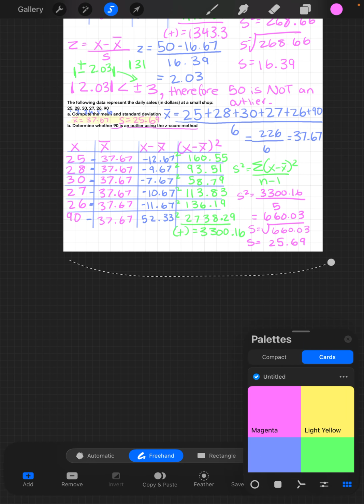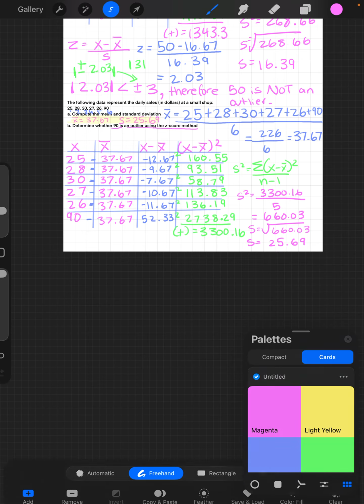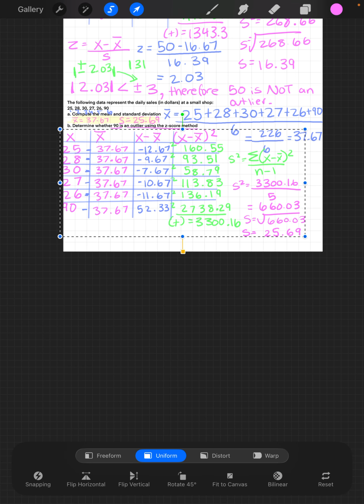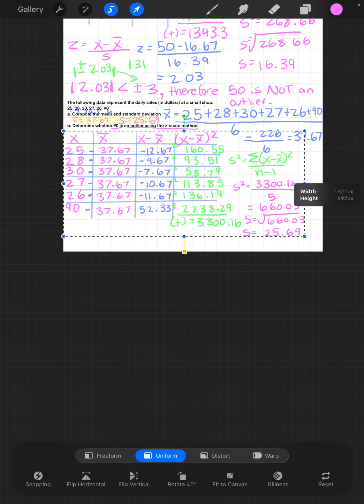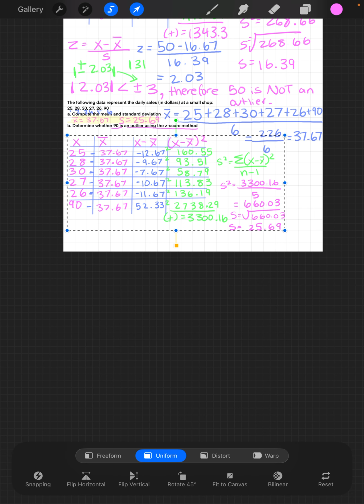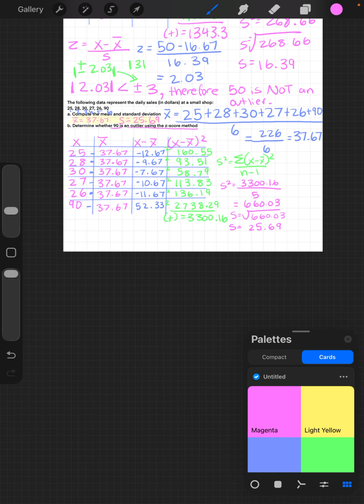And I'm gonna move this a little bit up so I have more room. Yeah, that should be enough room.